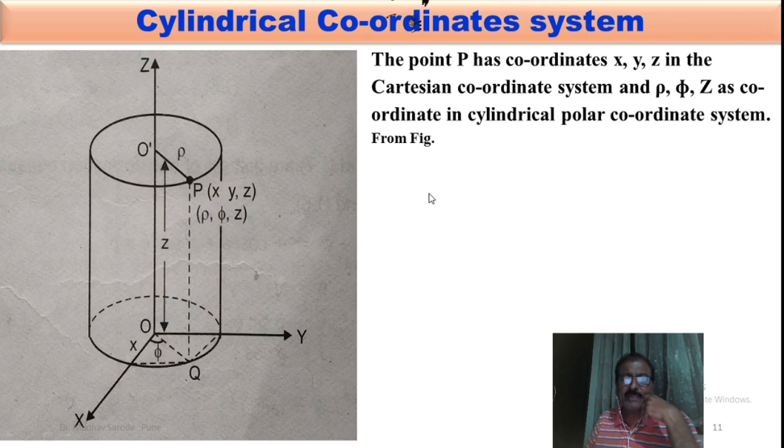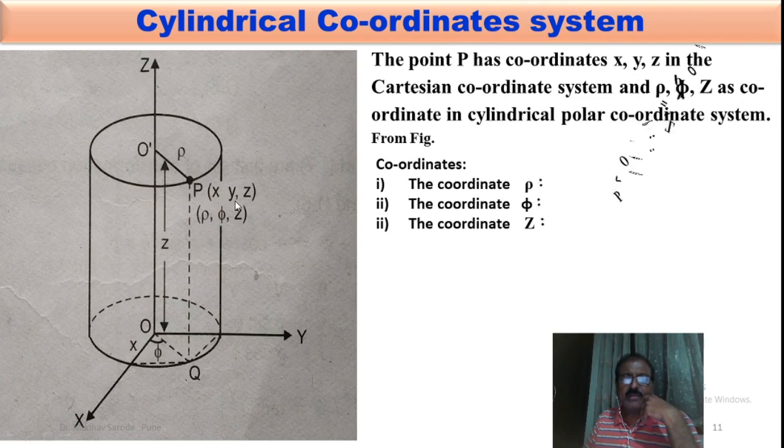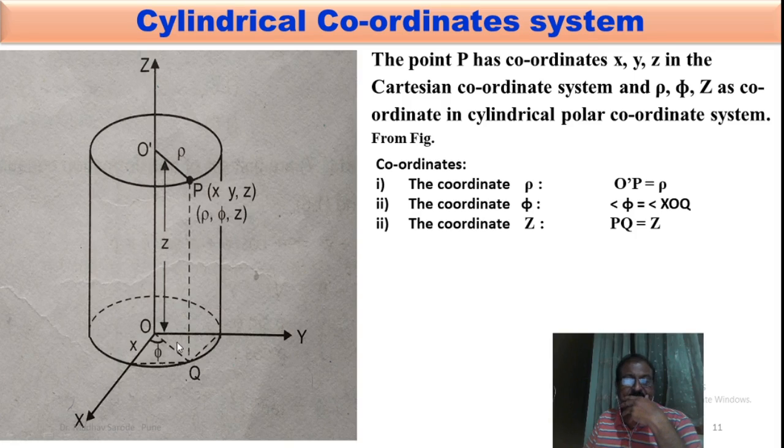From this figure, the first coordinate is rho. So what is rho? Rho is the distance from the point P to O dash. This means O dash P is equal to rho. The second coordinate is phi, that is the azimuthal angle, and this azimuthal angle is the angle X O Q, where O Q is the projection of O dash P on the XY plane.